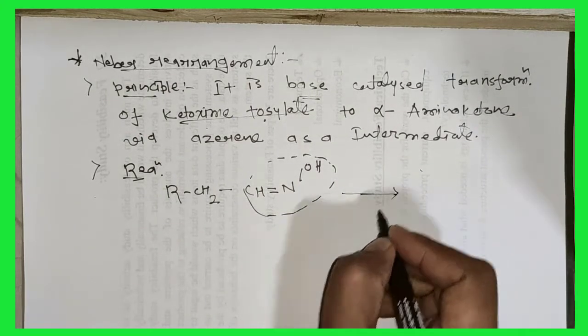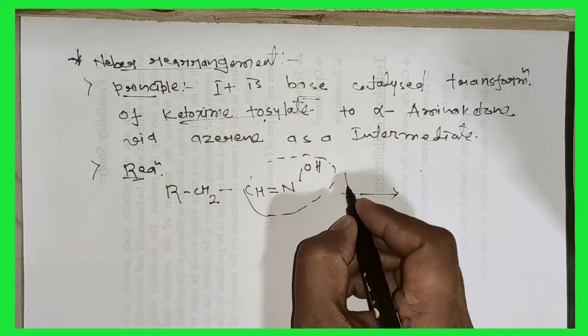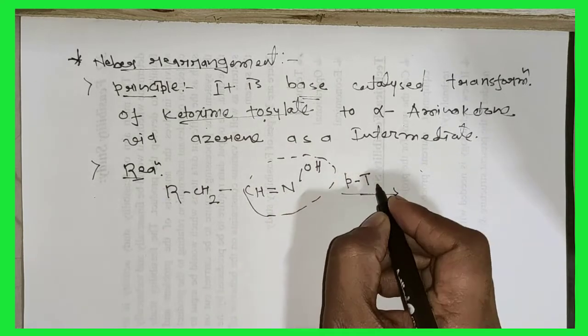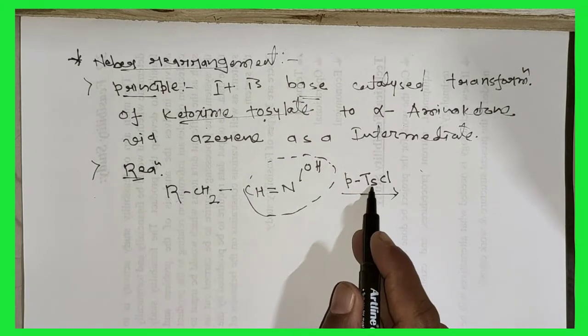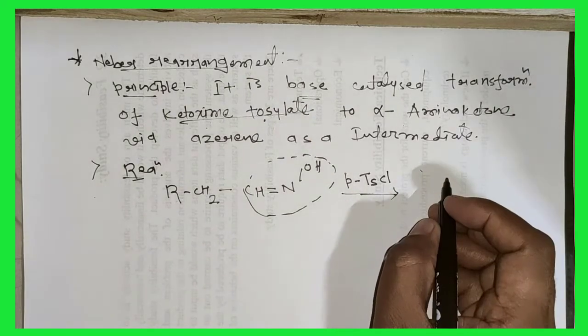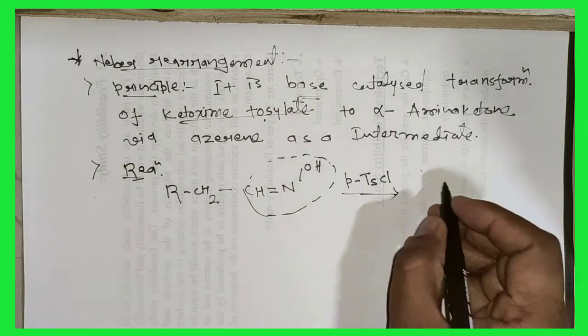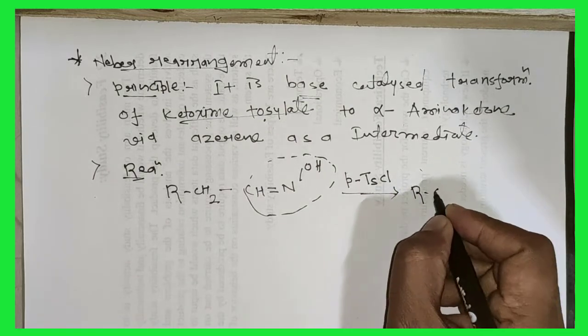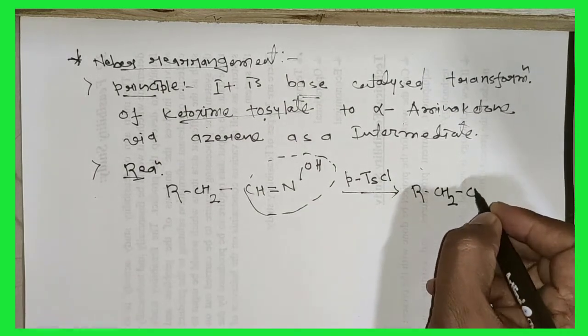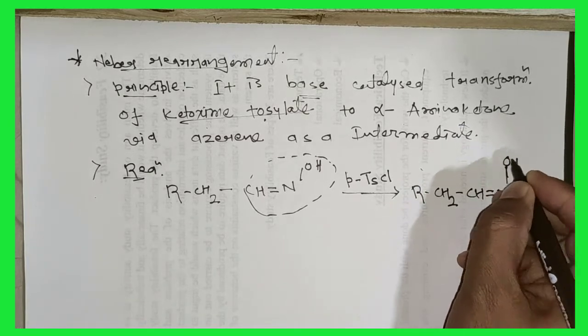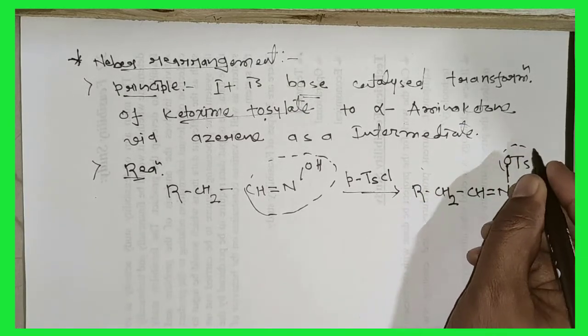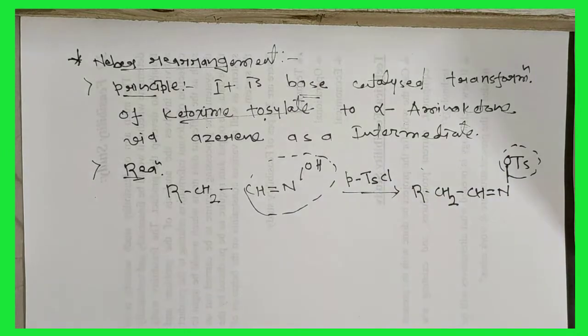So here the oxime first reacts with para-tolyl sulfonyl chloride, which is also known as tosyl chloride. So first it is converted to the OTs group. Here OTs acts as a leaving group.